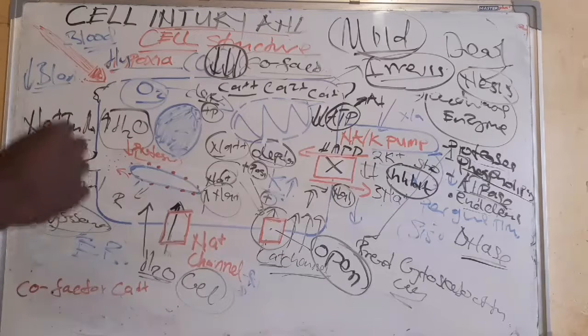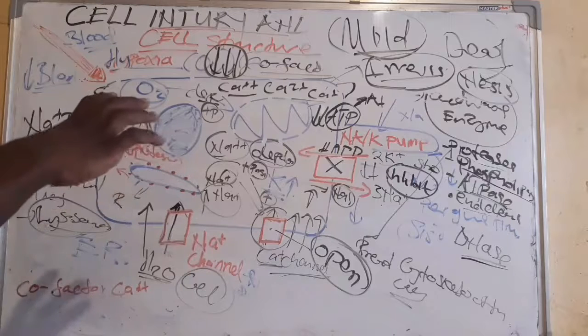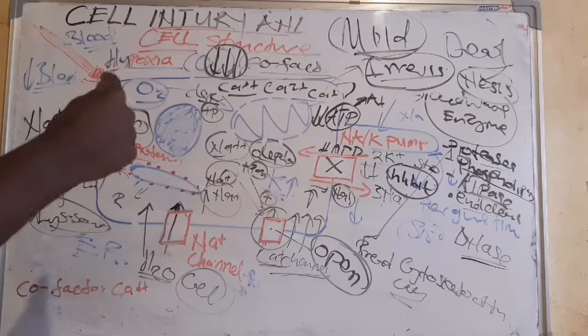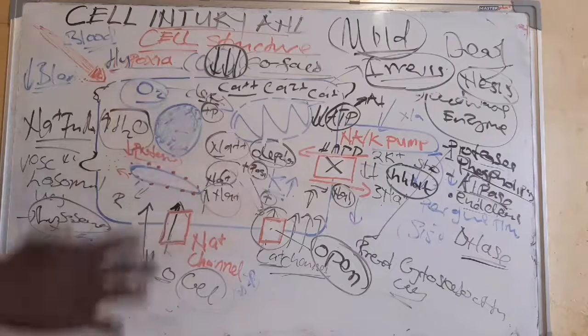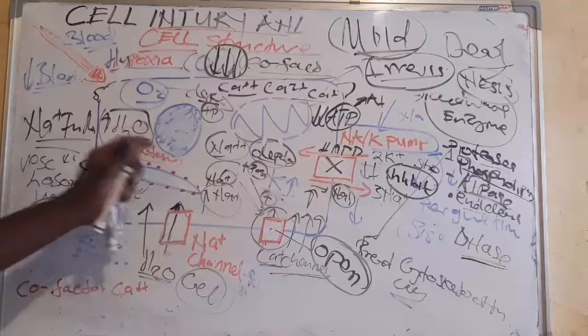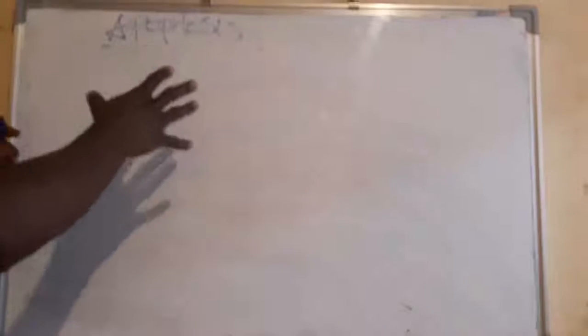The only thing that causes it is pathological causes. But for apoptosis, there are two, pathological and also physiological. So now let's talk about apoptosis, how it comes about, or the mechanism.